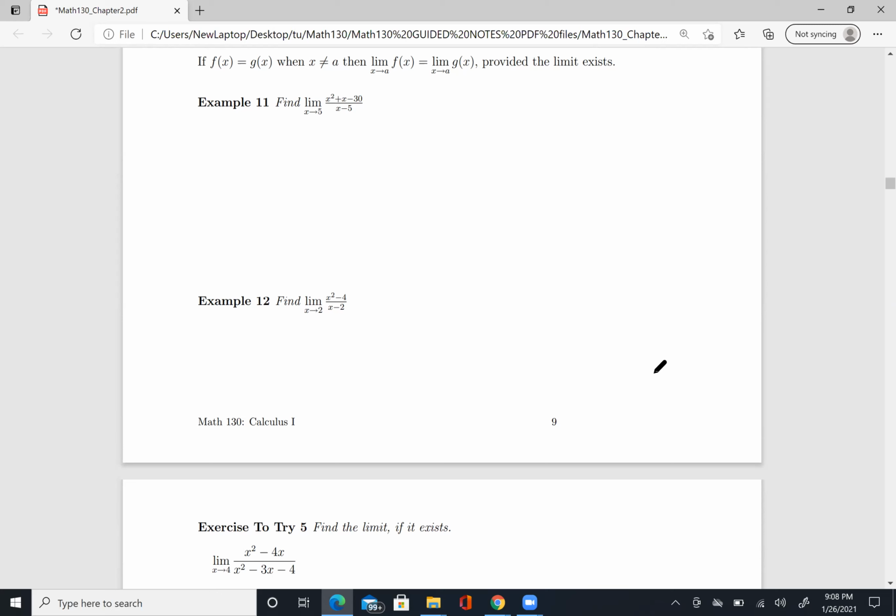If you substitute right away, you're going to see it's going to be 0 at the bottom, right? So you should not direct substitute right away. What you do is you need to factor all the top and bottom and see what happens.